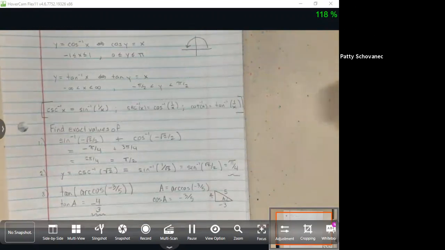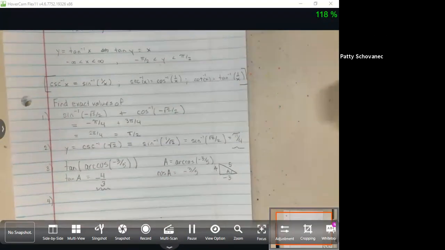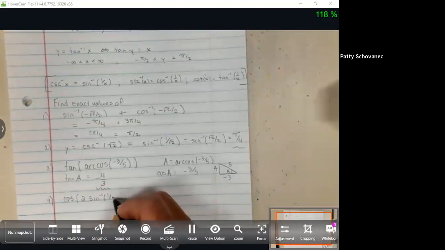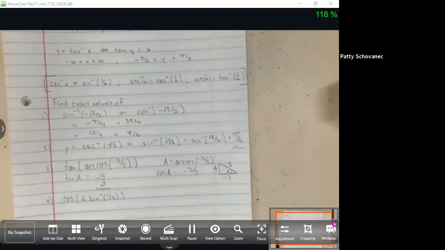We can also use identities here. Let's look at one very similar. Suppose I want to find the cosine of 2 times the inverse sine of 1/4. The inverse trig function itself is an angle. It's an angle that I would take the sine of to get 1/4.